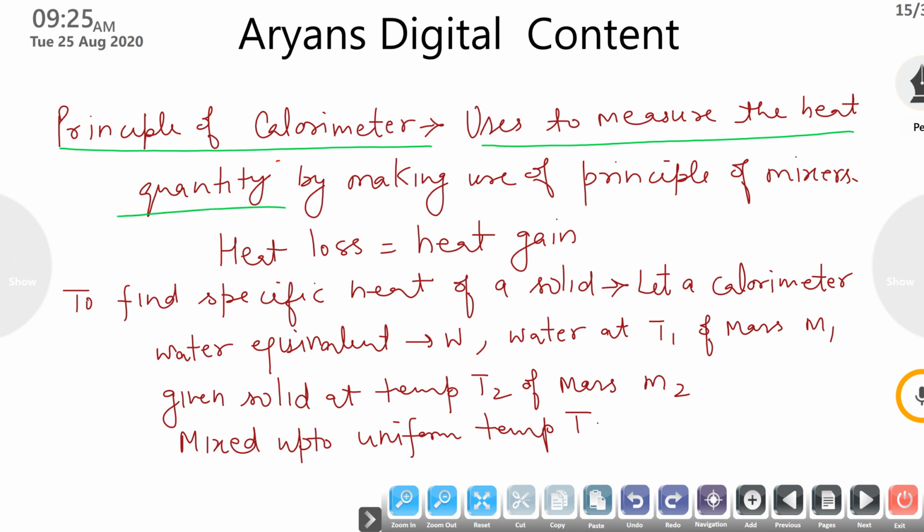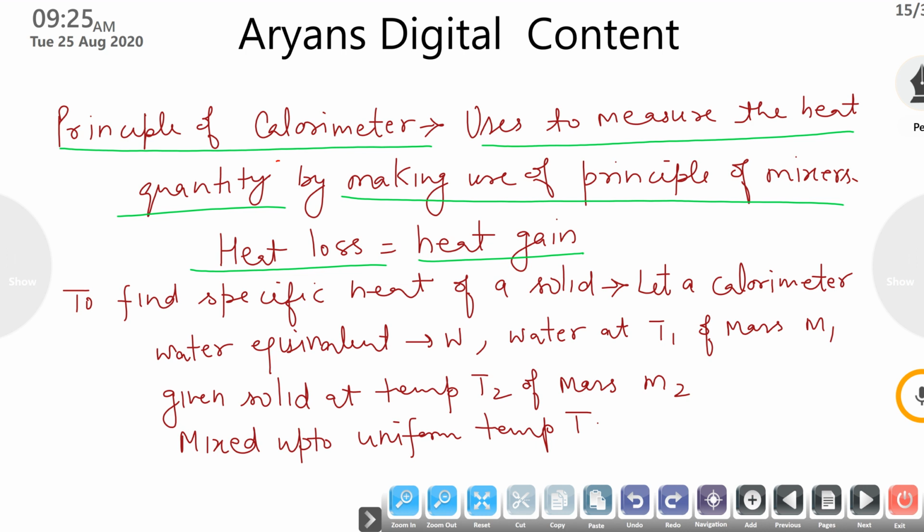Heat quantity means we can measure specific heat or the latent heat of any object by making use of the simple principle of mixture, and it is nothing but heat loss is equal to heat gain. So now to find the specific quantities of the heat, we have to simply consider that.